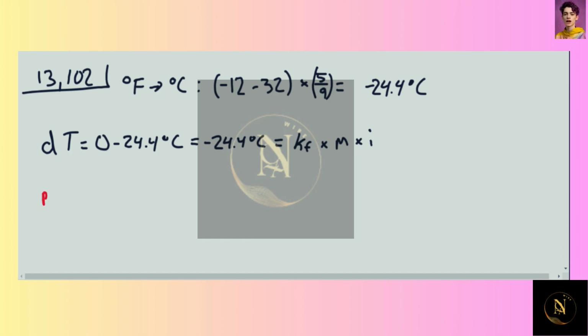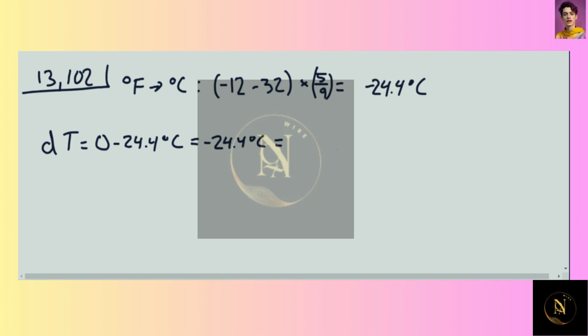So m we can calculate. So we're actually seeking to calculate m. So we know Kf, we know the dT, we need to calculate m. So Kf is equal to, let's go ahead and redraw this here.